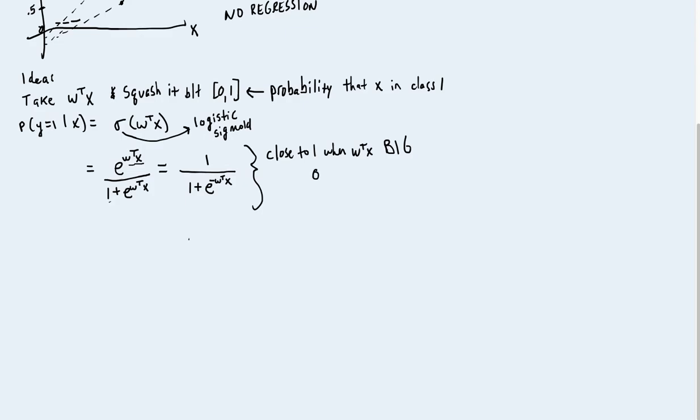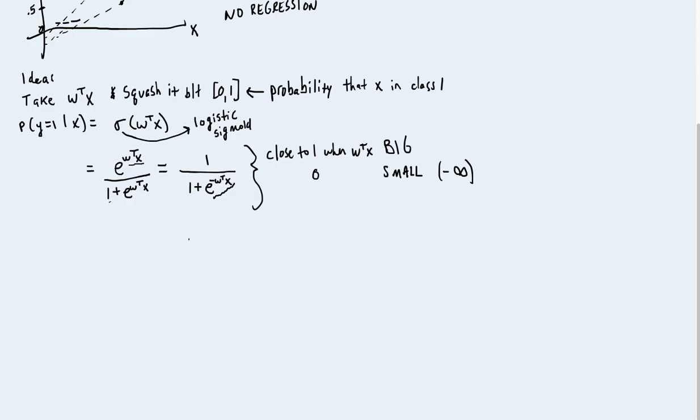And close to 0 when it's small. The way to see that is if it's really, really small, like negative infinity, for example, well, you can take a look here. This guy becomes extremely positive, and you have 1 over some very, very large number, and you basically have 0.